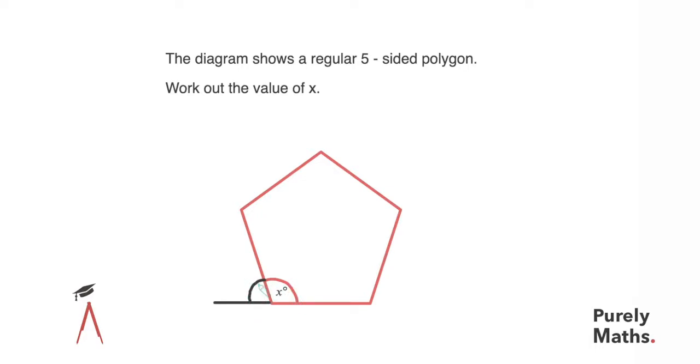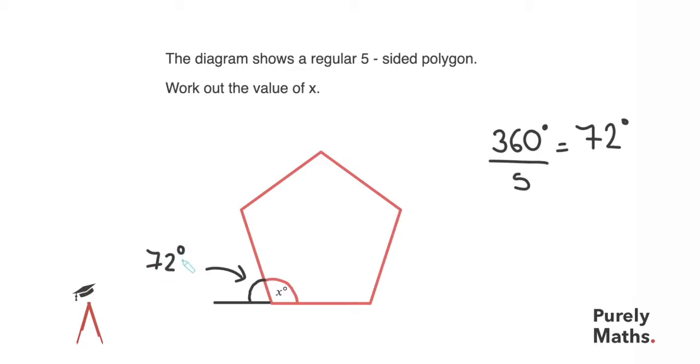So if I can work out how big this exterior angle is, I can subtract it from 180 to work out X. Now I know that there are 5 of these exterior angles and they all add up to make 360. So if I do 360 degrees divided by 5, that gives me 72 degrees. So that means that this exterior angle here is equal to 72 degrees.